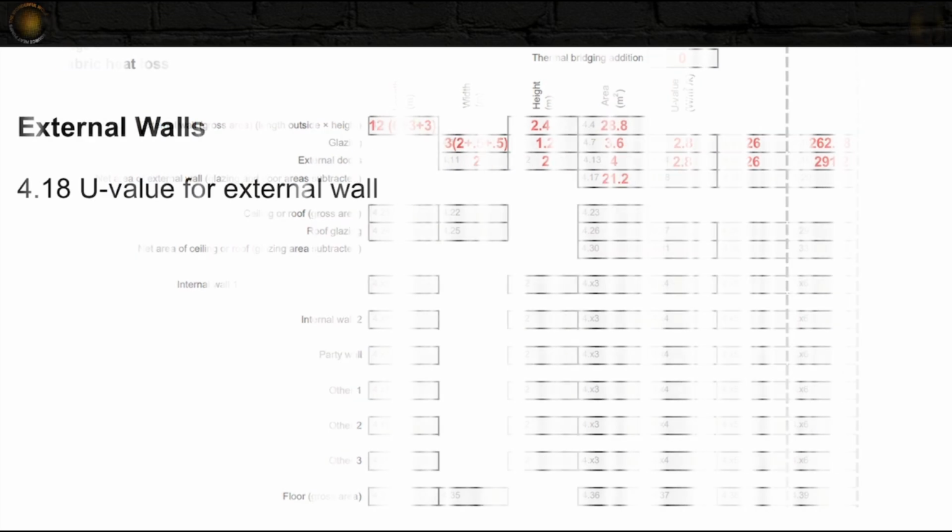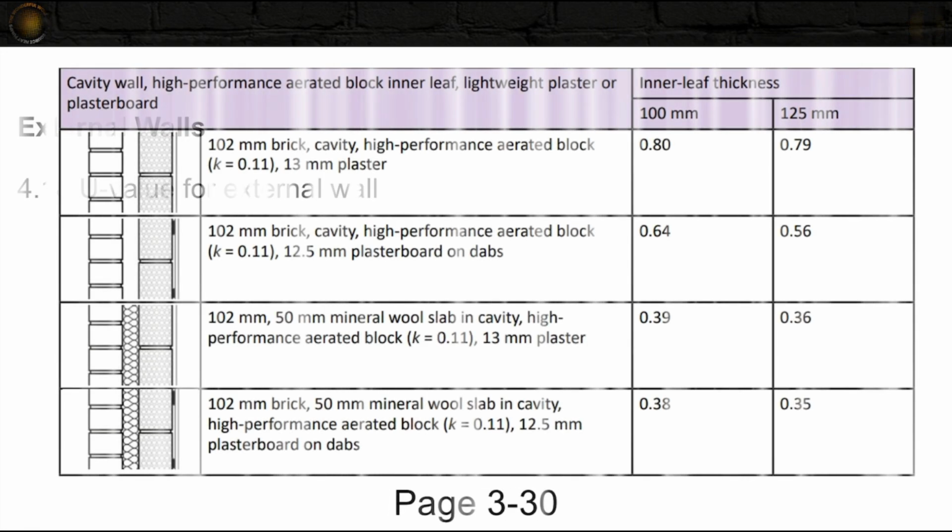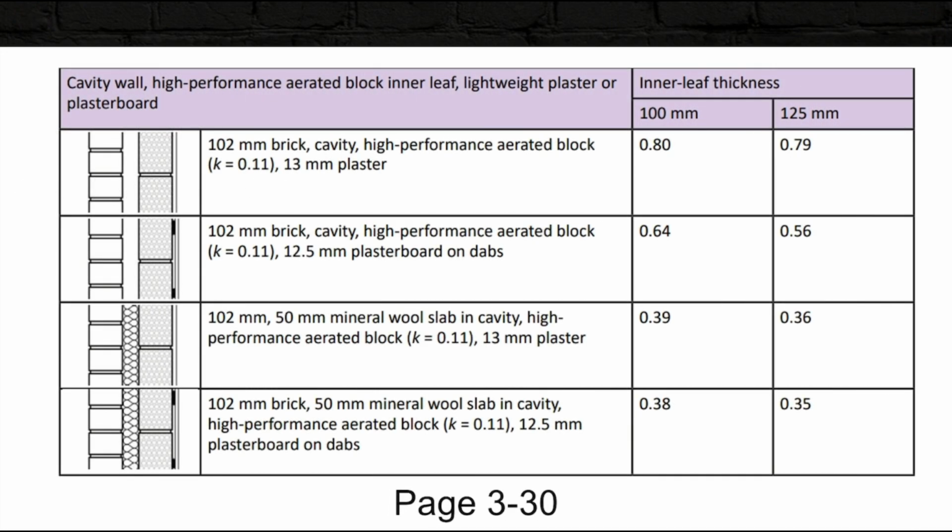And again, our case study had our outside walls being brick on the outside, mineral wool insulation, 125mm high performance rated block, and then 12.5mm plasterboard on plasterboard dabs. So page 30 of the Domestic Heating Design Guide.